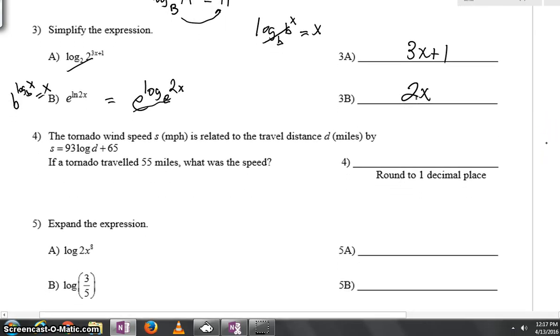For number 4, we actually have the tornado problem. S is equal to 93 log of d plus 65, but d stands for distance, and s, of course, is the wind speed. The distance that we have here is 55, so we'll just type in s equals 93 log of 55 plus 65.